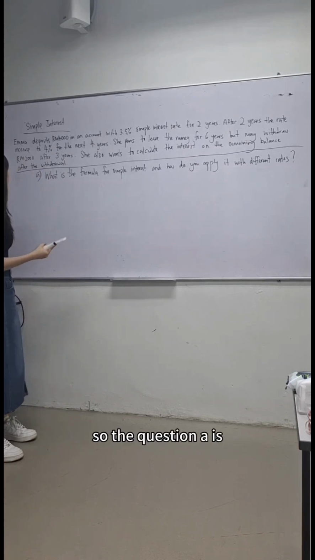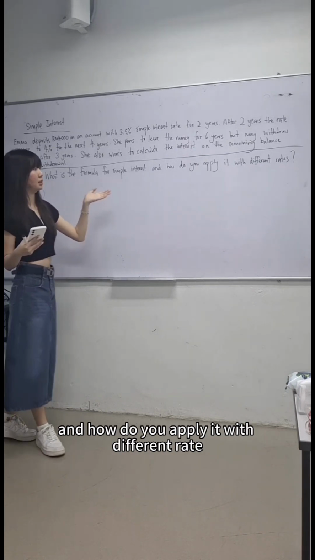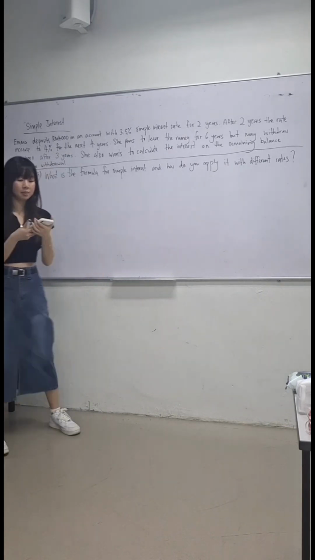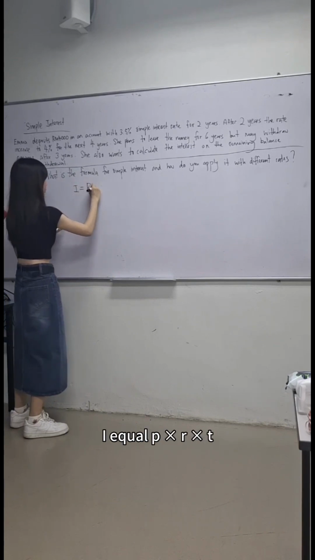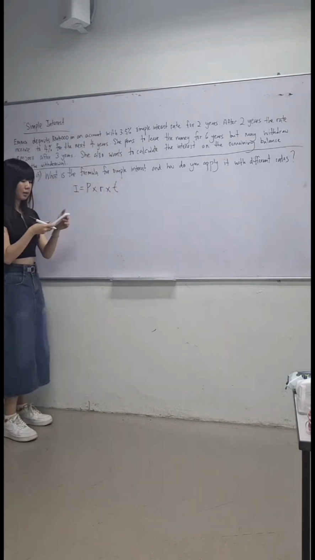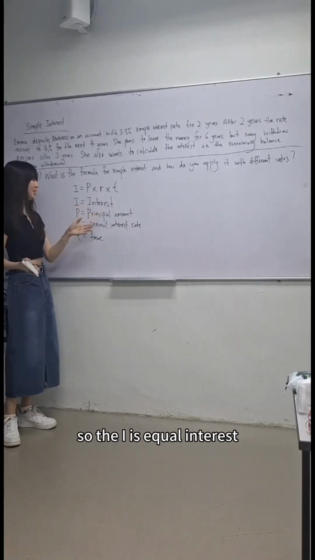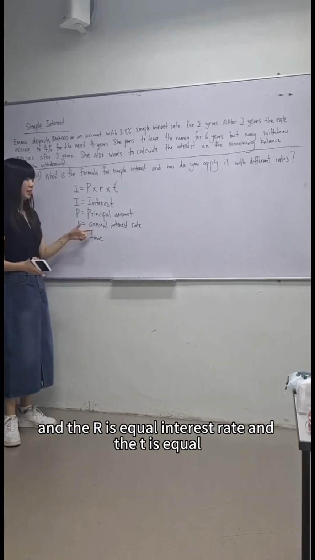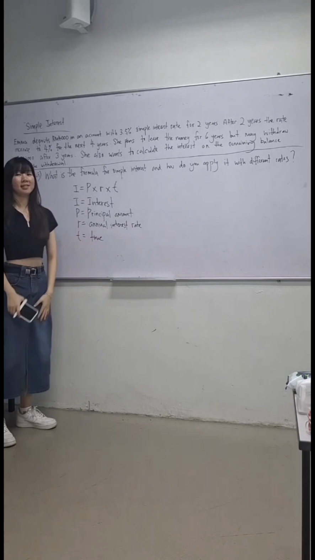So the question A is, what is the formula for simple interest and how do you apply it with different rates? So the formula of simple interest is I equals P times R times T. I is the interest, P is the principal amount, R is the interest rate, and T is the time.